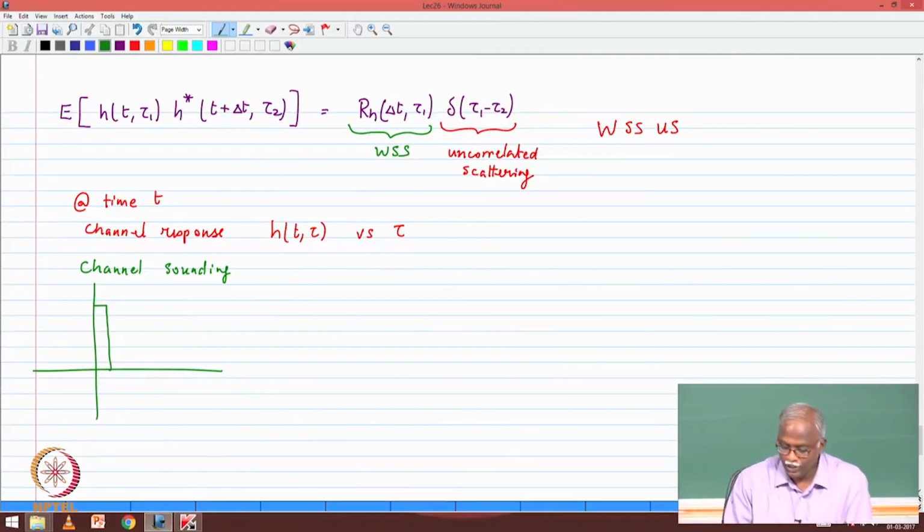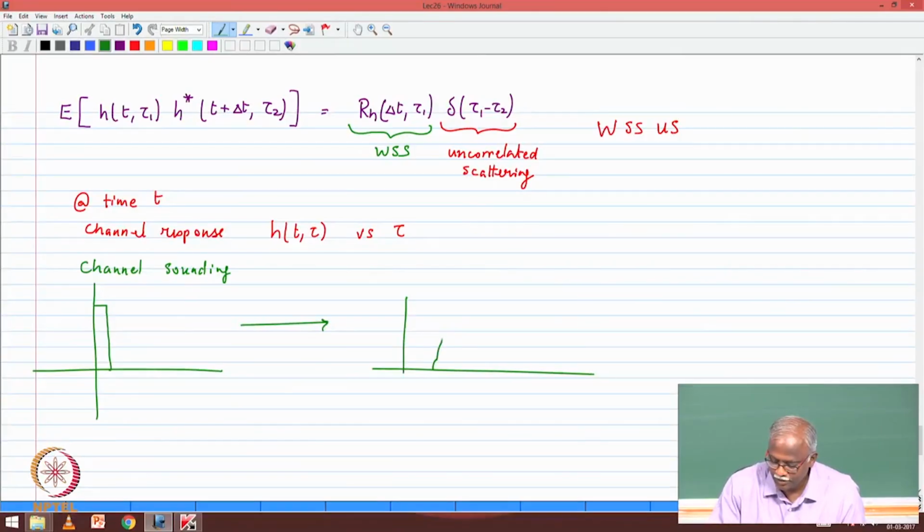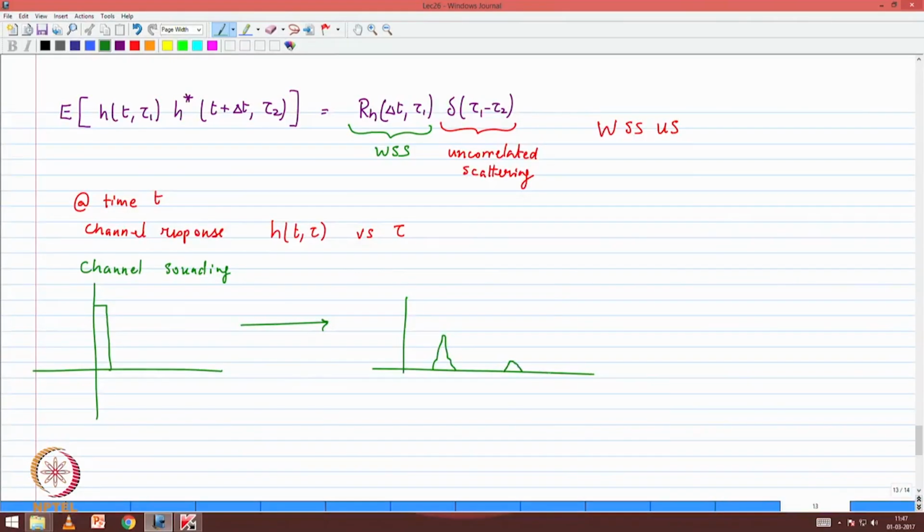Some of the early methods of channel sounding say: transmit a narrow pulse, and see what happens at the output. So at the output, let us say this is what you observed. This says there are 3 copies of the pulse that you transmitted, and they are coming with different gains and different delays. So this is the channel response of the system.